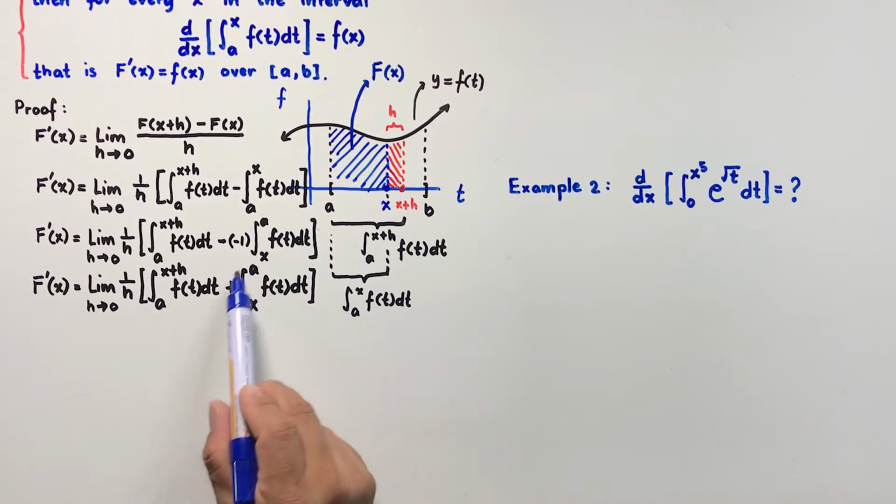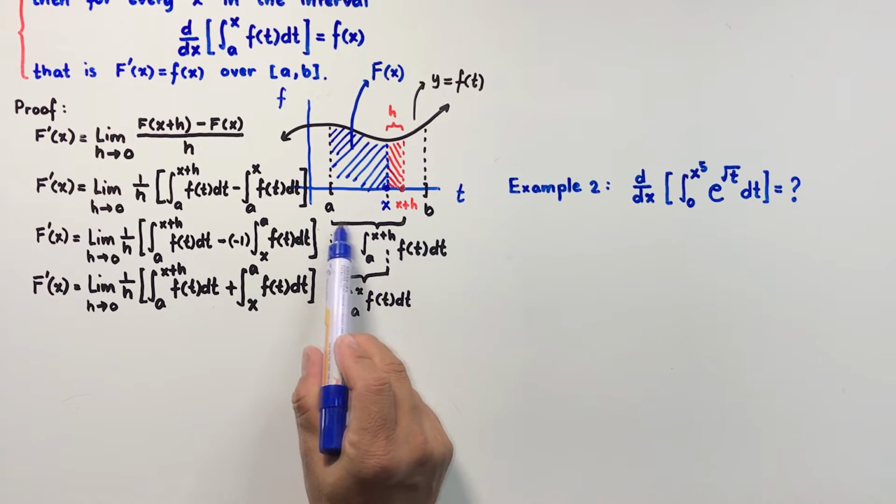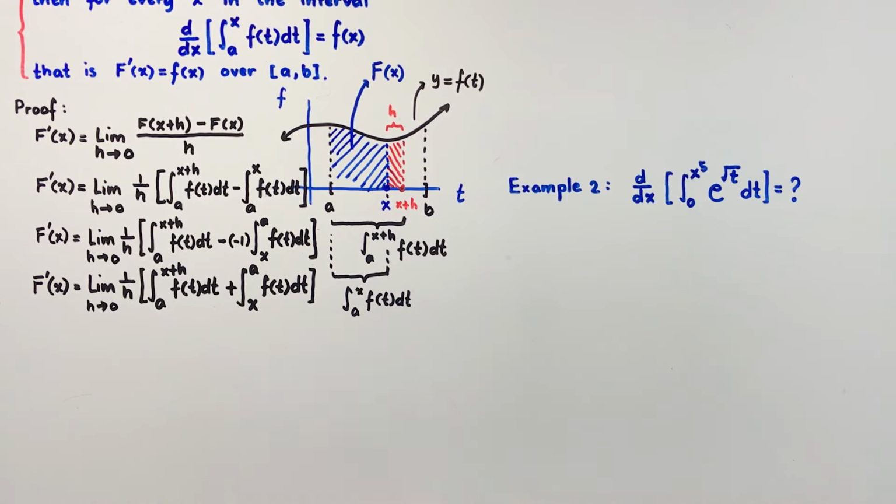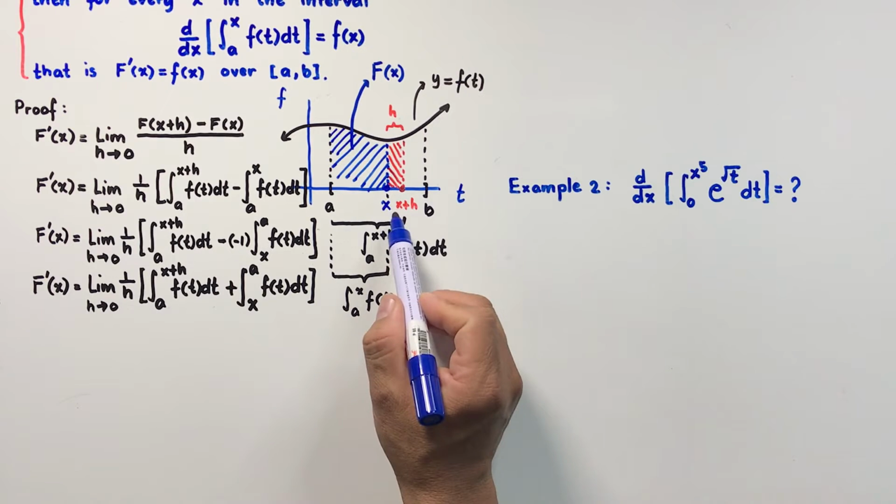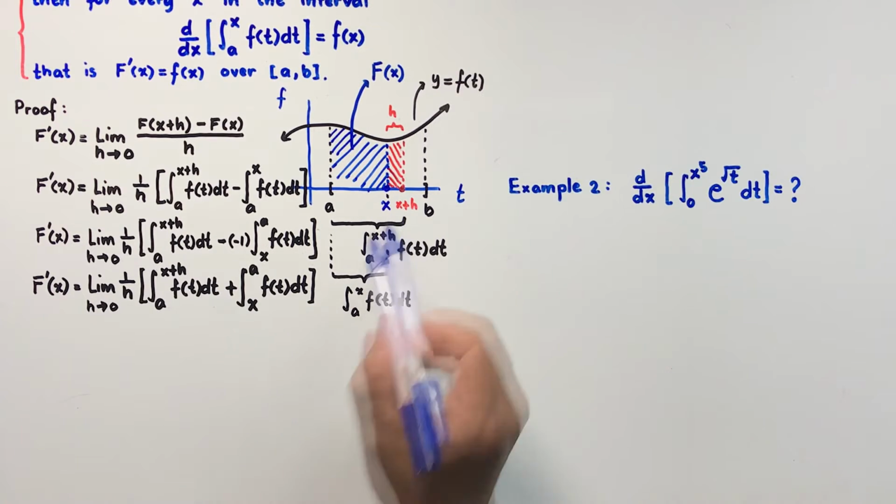And this integral is just the area from x to a. Now, the sum of this times 1 over h is just an average value of the function small f over the interval from x to x plus h.